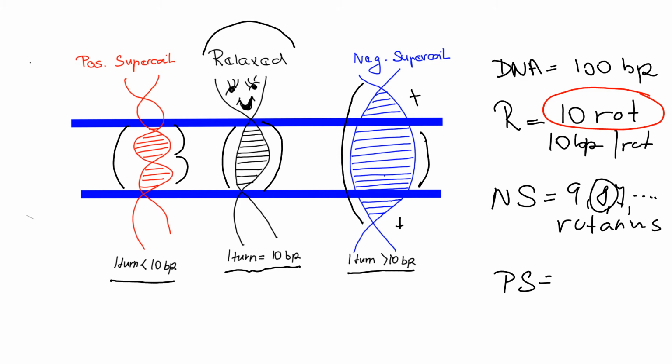It would be 11, 12 or so on. So what will it give you? You will have less than 10 base pairs per rotation, because now those 100 base pairs will be divided into 11, 12, 13 or whatever number of rotations you introduce. So I hope that supercoiling is now clear.